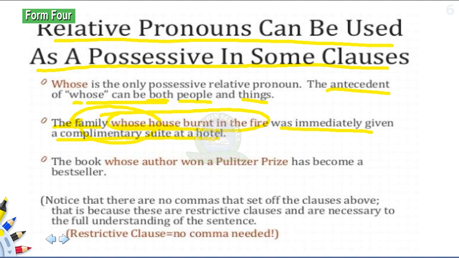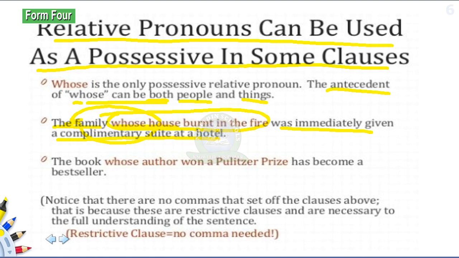If I say the family was immediately given a complimentary suite at a hotel, it can stand alone. But whose house was burnt in the fire cannot stand alone. So this whose house burnt in the fire is a relative clause because it introduced the word whose. But the family was immediately given a complimentary suite is the independent clause or main clause.